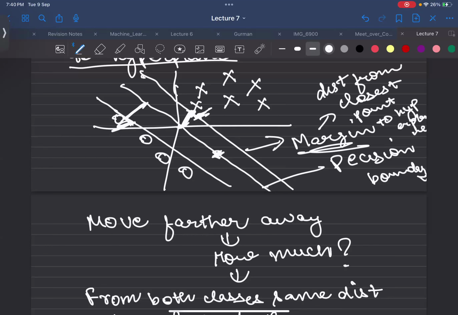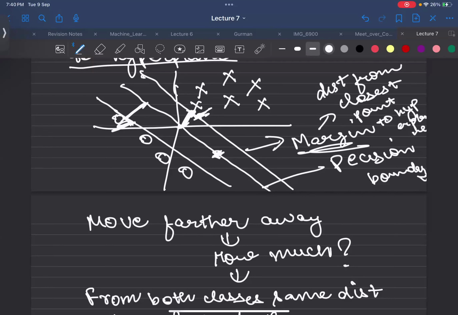Fine. Come on, class. These margins will always be parallel, right? Okay. Margin, I want it far away from the hyperplane.